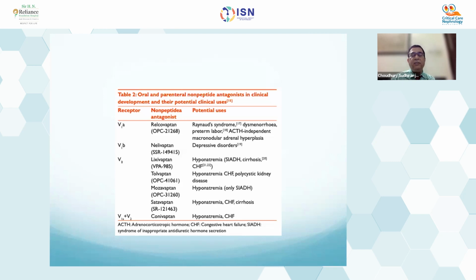And to reduce the cystic enlargement, the vaptans are used. And there, the dose of vaptans is also very high. Normally, we use the dose as 15 to 30 milligram, maximum 60 milligram in a euvolemic hyponatremia setting. Whereas in polycystic kidney disease, it can go up to 90 to 120 milligram dose.